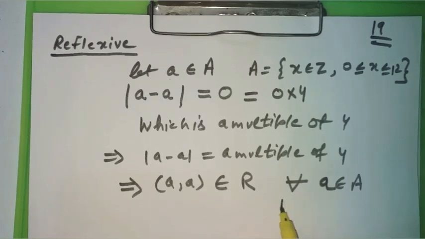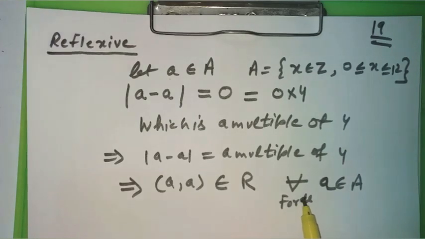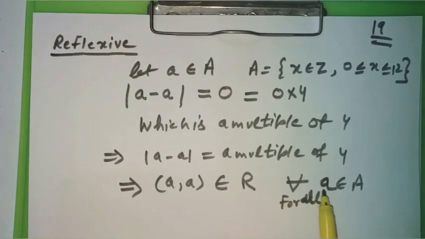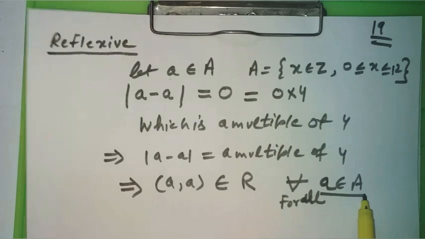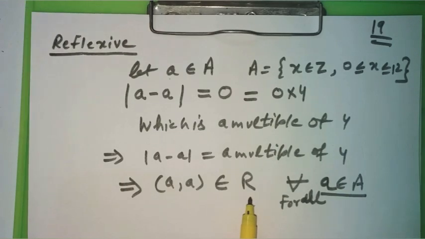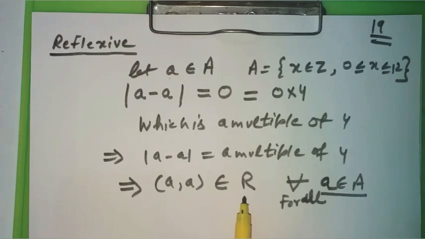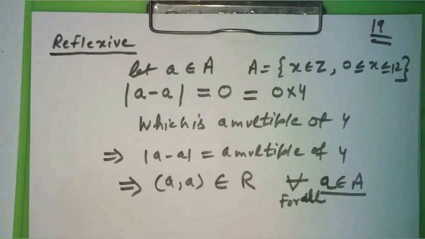This is the symbol of for all. So this is true for all elements of A. So you have proved that the relation R is reflexive, because you have proved the reflexivity not only for any particular number but for all the numbers contained in the base set.